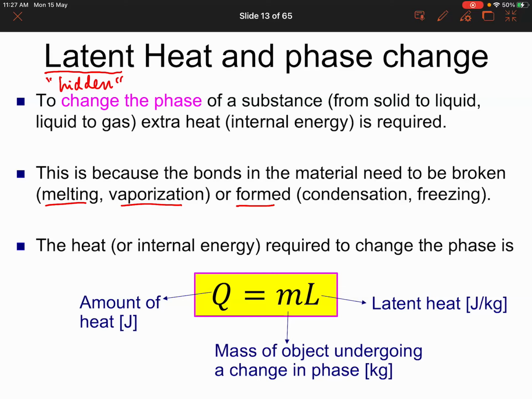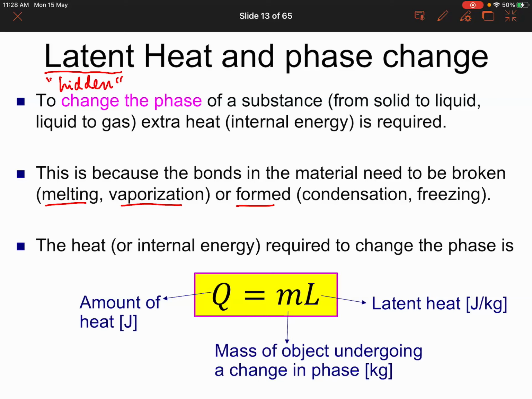Unlike the change in temperature, we can easily sense it, right? Because the object is becoming colder or the object is becoming hotter. And that's why it's called sensible heat when there's a change in temperature. But during a phase change, it's hard to detect whether liquid water is slowly freezing into ice, or whether water is boiling into steam. And that's why the heat associated with phase change is called latent heat or hidden heat.